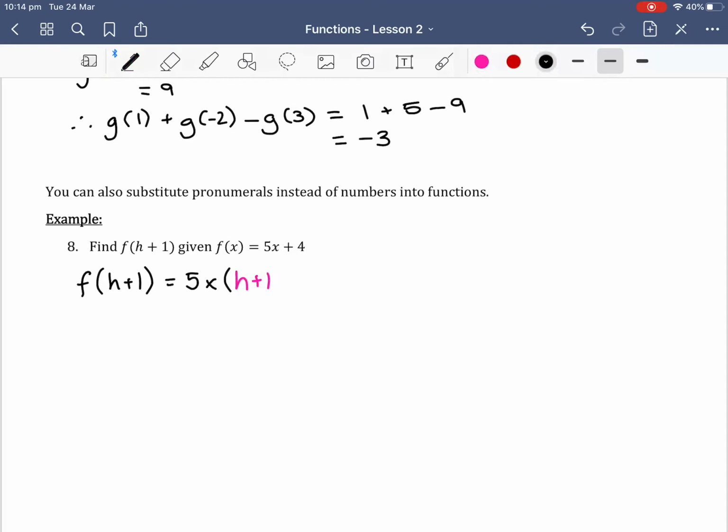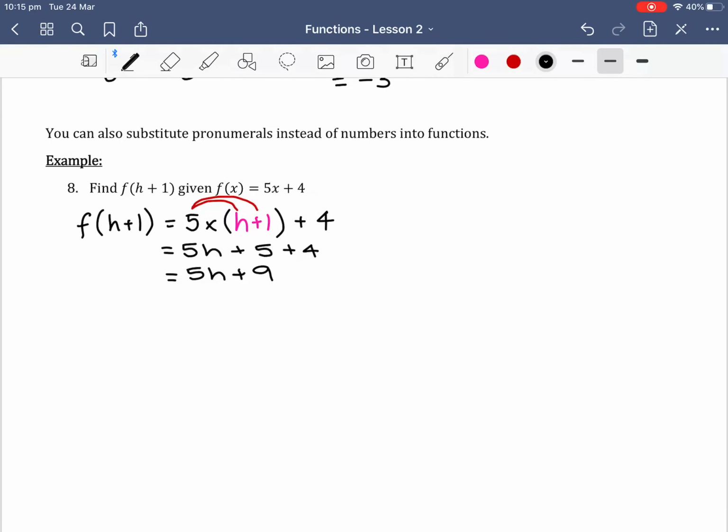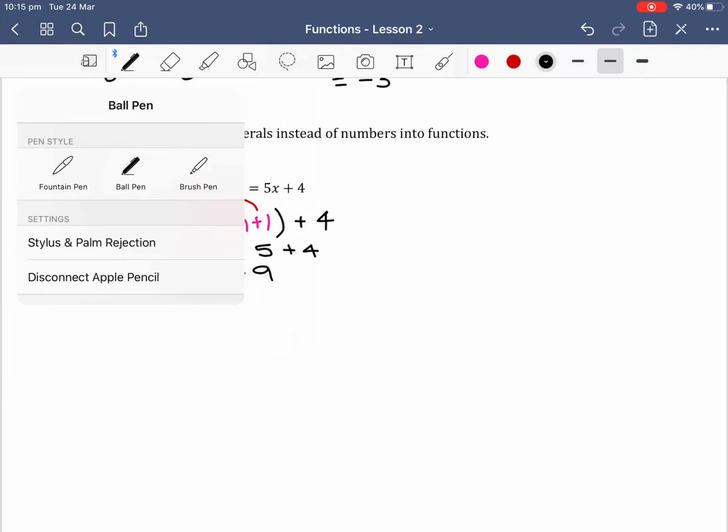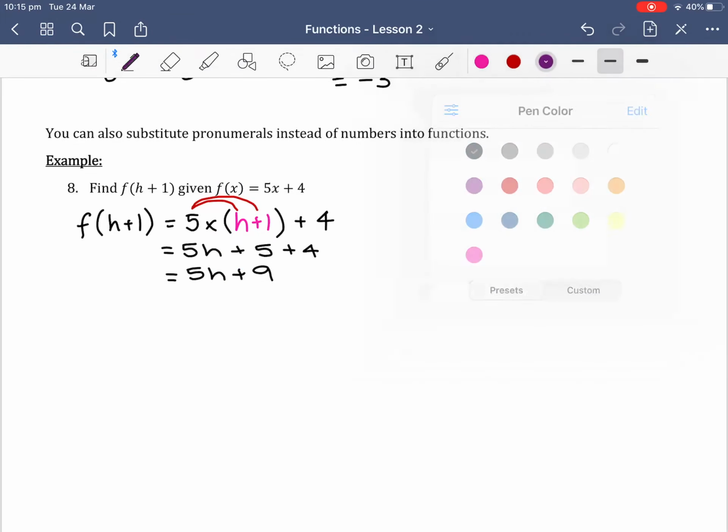So this is going to turn into 5 times bracket h plus 1 plus 4. So then we're going to expand our bracket. We're going to multiply our 5 by both things in the bracket. So it will be 5h plus 5 plus 4, which equals 5h plus 9 when we collect like terms.